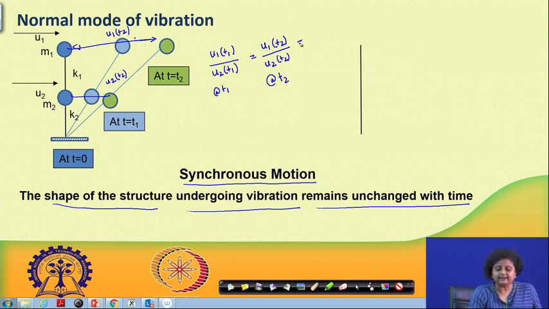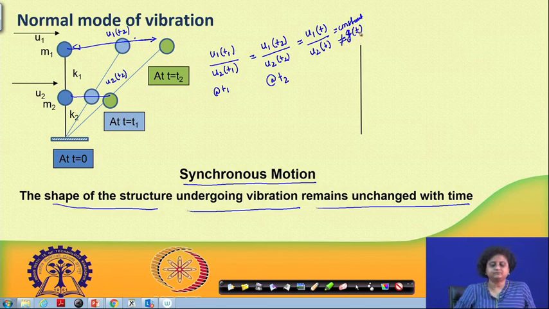So, I can write this in a generic form as u1 at any arbitrary t by u2 at the same arbitrary t has to be constant. That is, it cannot be a function of time, right. So, this whole form of vibration is called the synchronous motion of the 2 degrees of freedom, and this happens under normal mode of vibration.